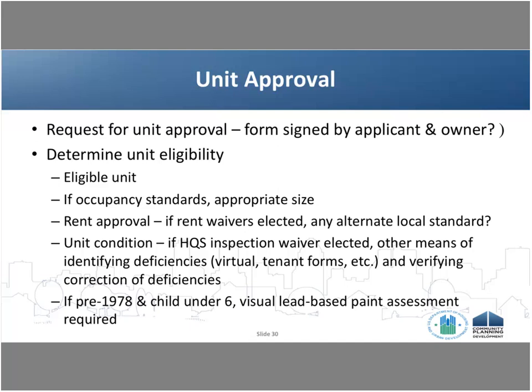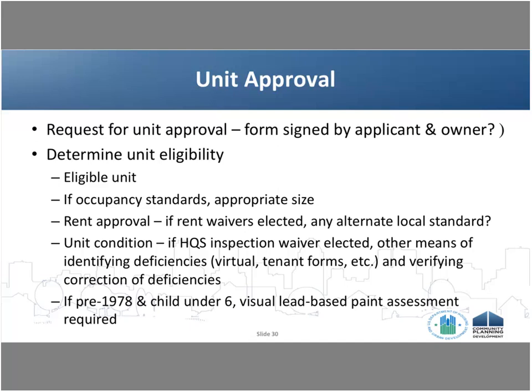And then finally, we mentioned this last time and we'll mention it again, if it's a pre-1978 unit, in other words, if it was originally placed in service prior to 1978, and a child under the age of 6 is going to be part of the household that's going to occupy the unit, 24 CFR Part 35, the HUD lead rule, requires under Subpart M, the tenant-based rental assistance rules, a visual assessment for lead-based paint.